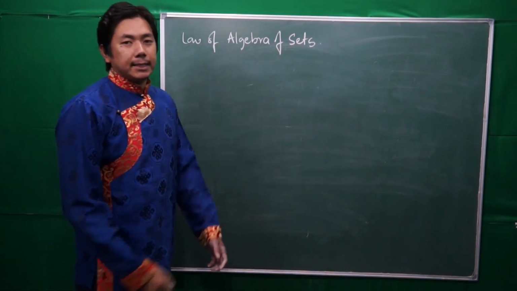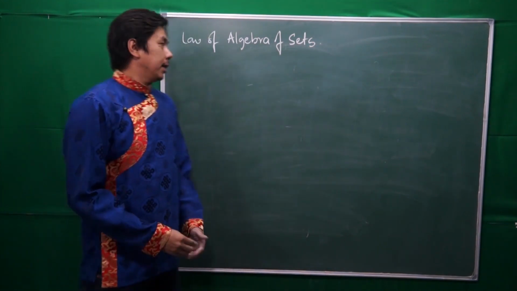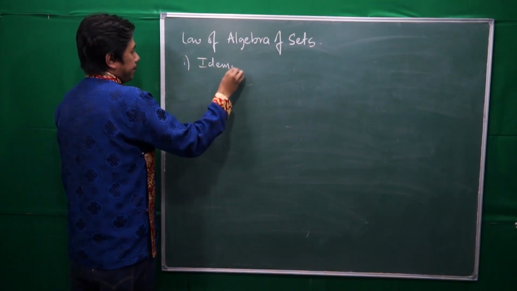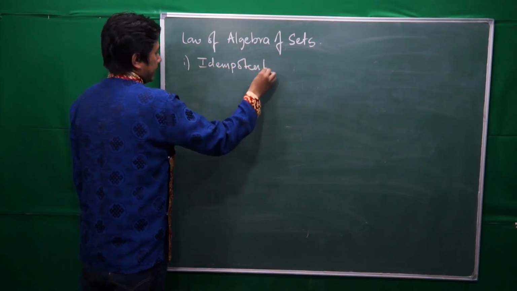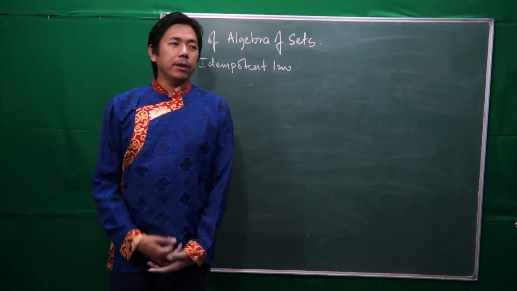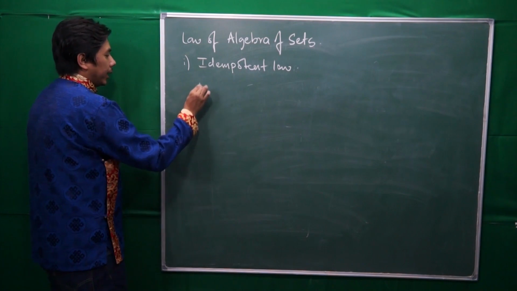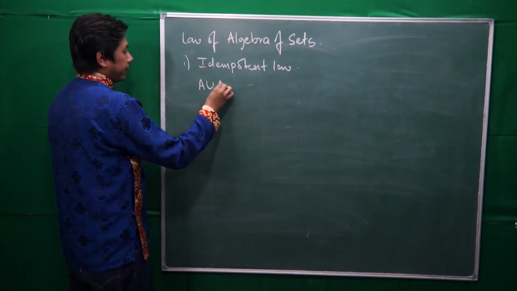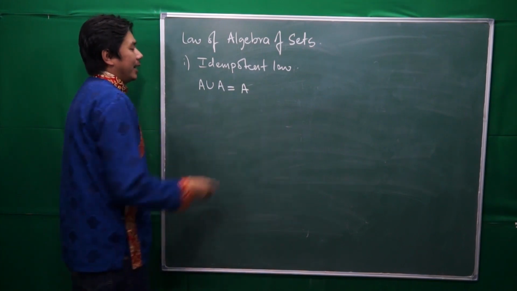Okay. So first law is called idempotent law. Simple. In idempotent law, we all know that when A is operated by union with itself, we'll be getting A again.